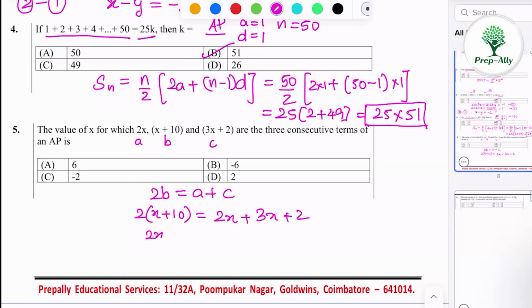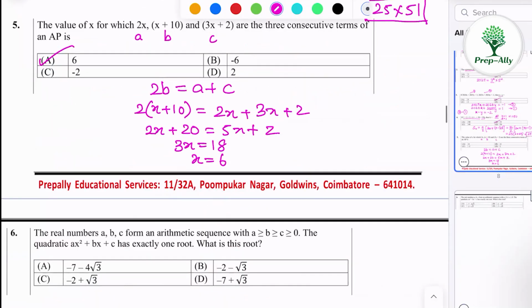So we have 2x plus 20 equals 5x plus 2. From here we have 3x equals 18 and x equals 6. So the answer is option A, 6.